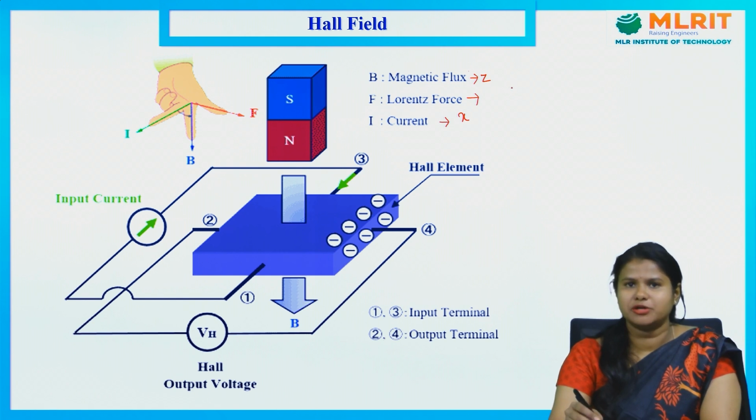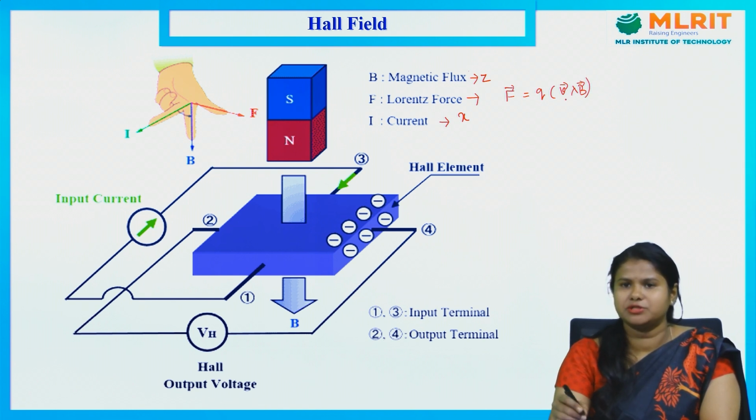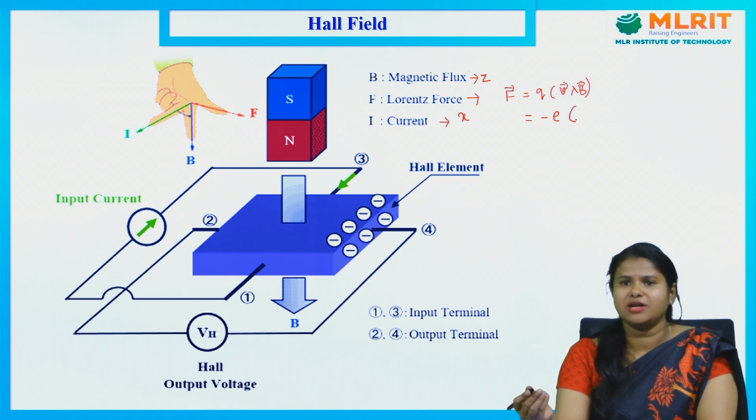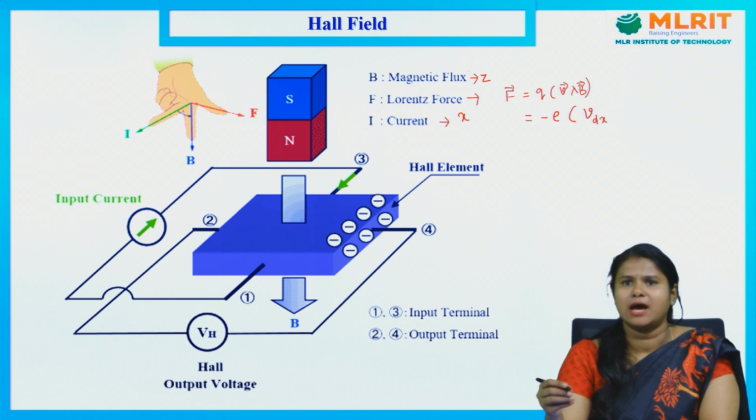What is the magnitude of the Lorentz force? The Lorentz force is F equal to q into v cross B. Here velocity and magnetic field both are vector quantities, so we will do the cross product. What is the charge of the electron? It is minus e, and the electrons will be moving along the negative x-axis. So the velocity of the electron can be represented as the drift velocity, Vdx, along the negative x-axis.